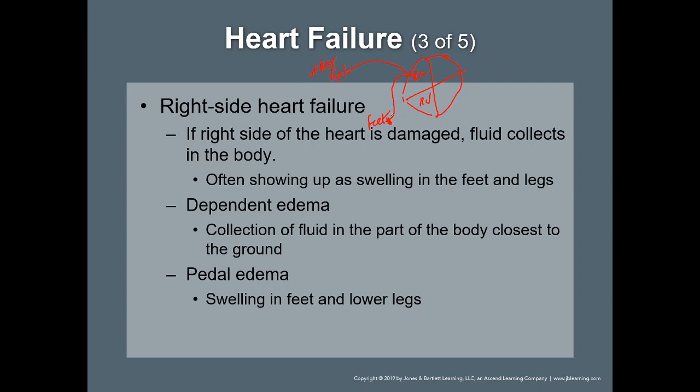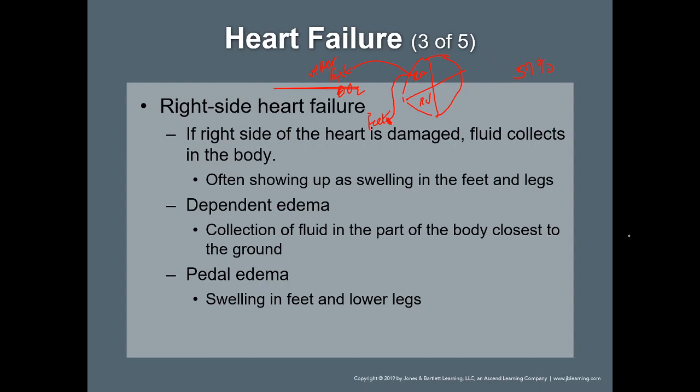Okay? But think about it. If it's getting backed up, what is it not doing? Because this is deoxygenated blood. Right? And so that's why you put them on the pulse ox and they're at 57%. You're like, God almighty, is that right? Yeah, it's right. That's how hypoxic they are.